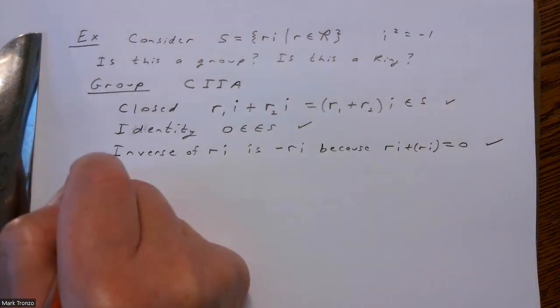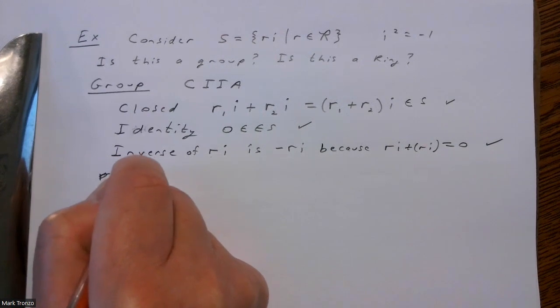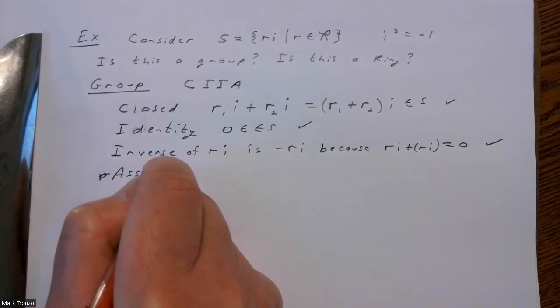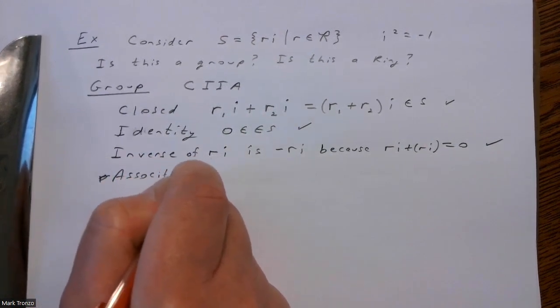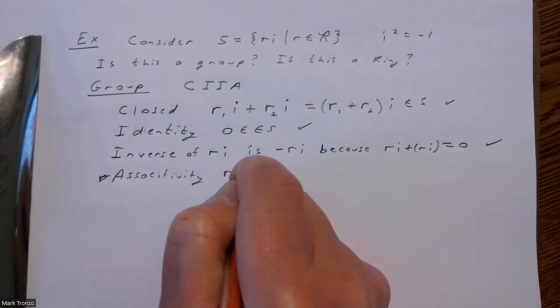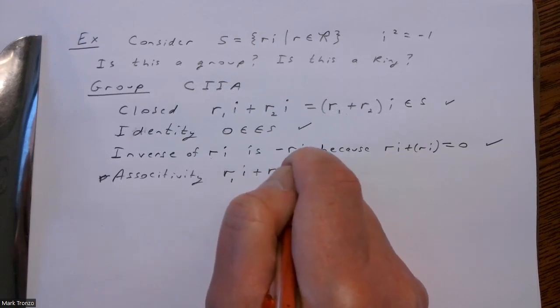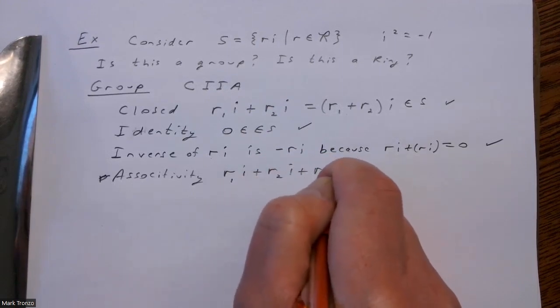Then associativity. If we take three typical elements, r1 i, r2 i, r3 i.